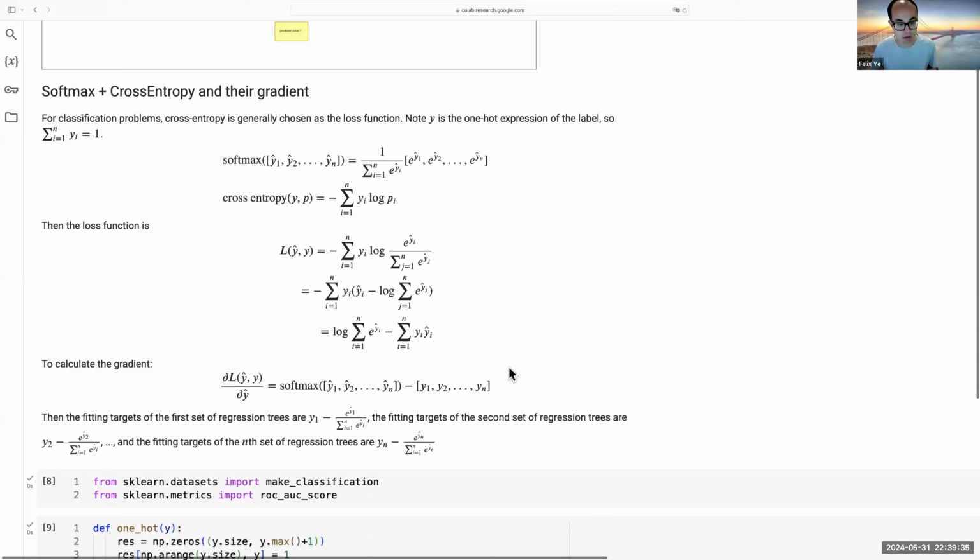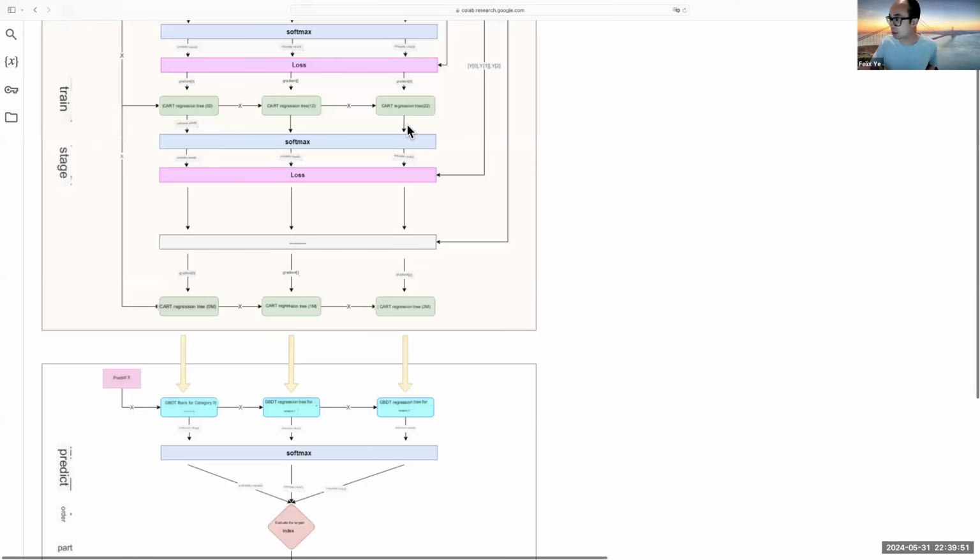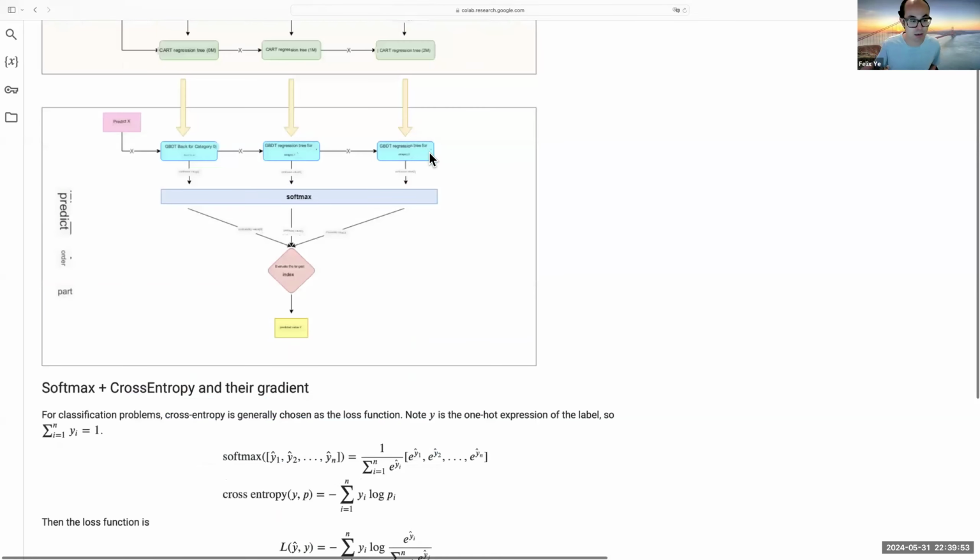We can take advantage of this analytical gradient and pass it through, and eventually we can update the parameters in all these regression trees and tune them. So this is basically the way.